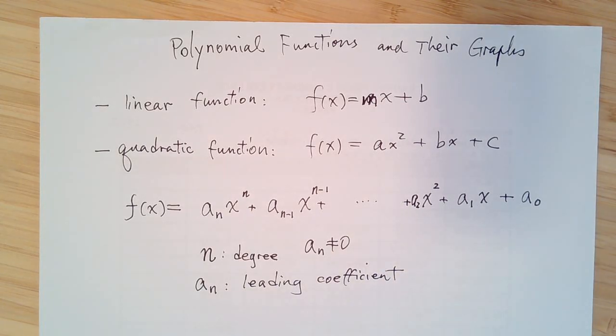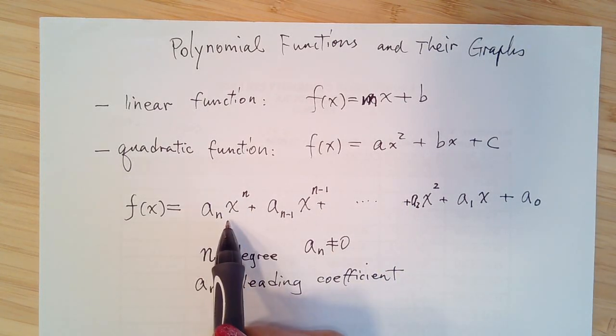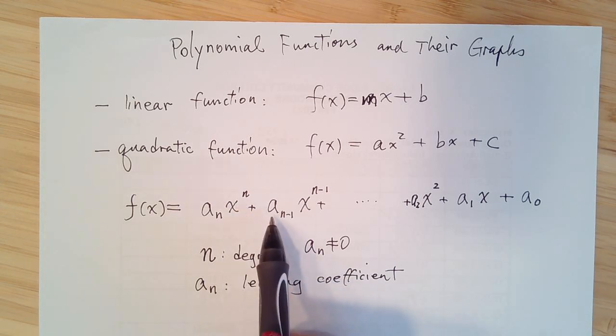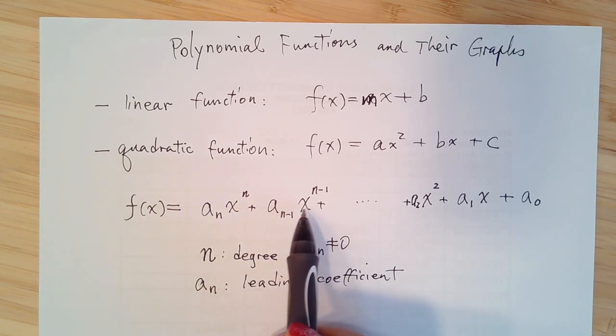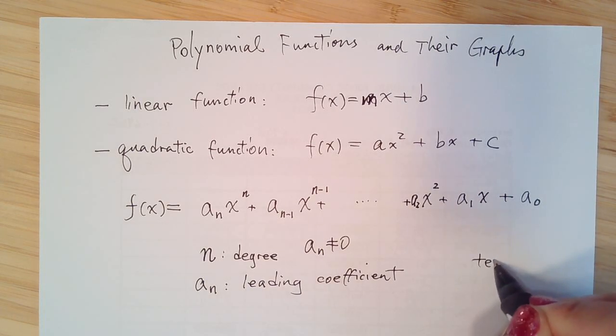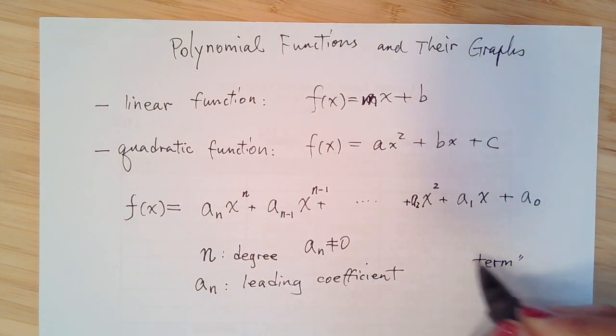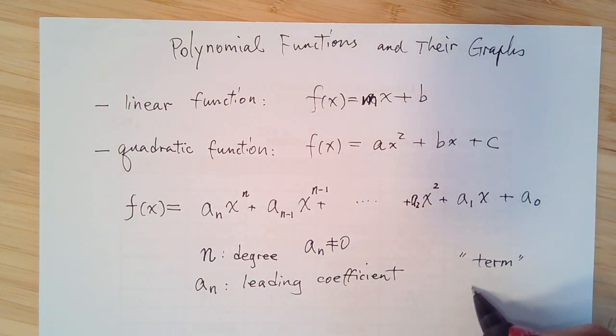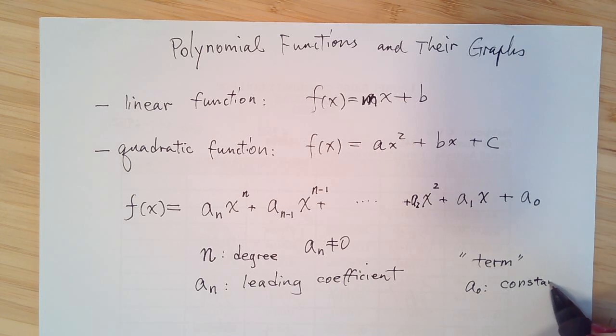Each one, a n times x to the n, a n minus 1 times x to the n minus 1, is called a term. And the last one, this a0, we call the constant term. It's just a number without x.